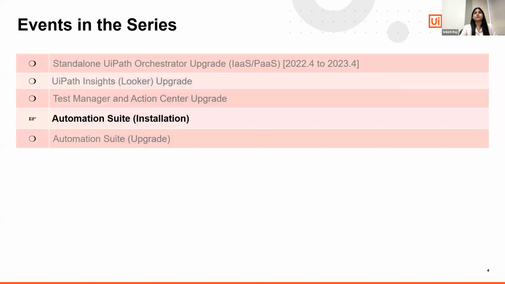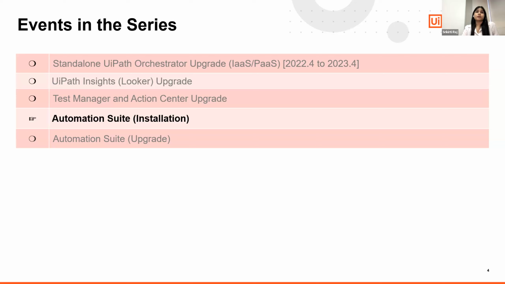As I said, this is the series that has been going on from last month. It started with the standalone UiPath Orchestrator upgrade for AS and PaaS installation for the 22.23 version. Then we had UiPath installation for Looker upgrade. Next was Test Manager and Action Center upgrade, where we are working solely on the infra side, with hands-on demo sessions showing how exactly we do an upgrade and work on the infra side, as a step-by-step guide.